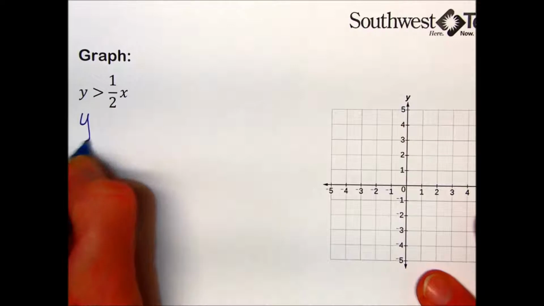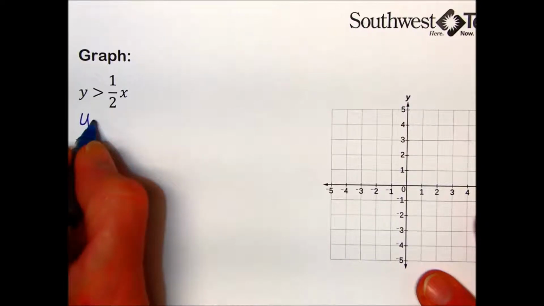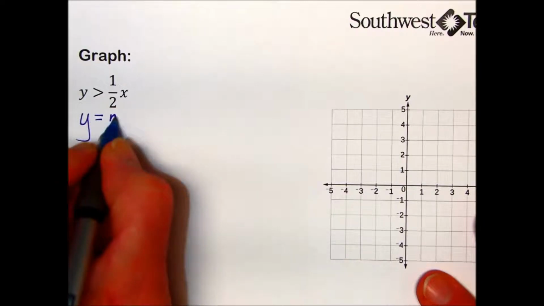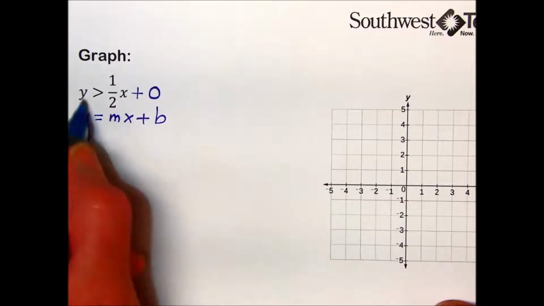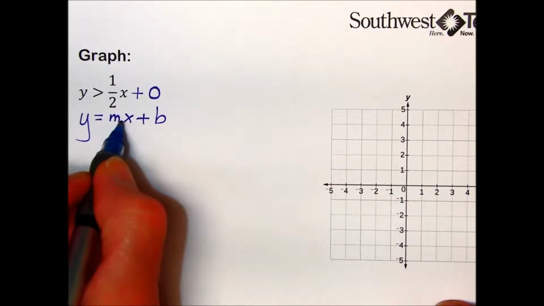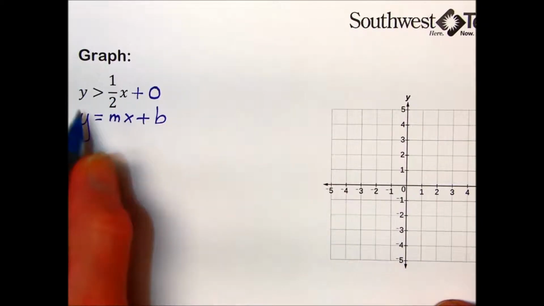In this next example, they're asking us to graph this inequality, y is greater than 1/2 x. To graph this, I'm going to compare it to the slope-intercept form of an equation. There is nothing being added on, so the implication is b is equal to 0.